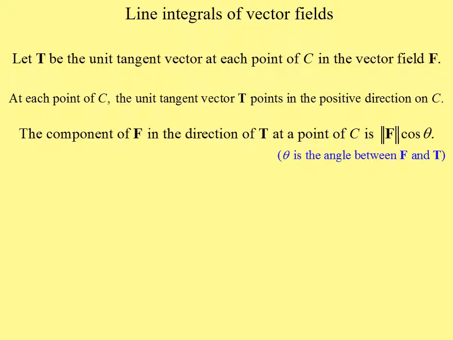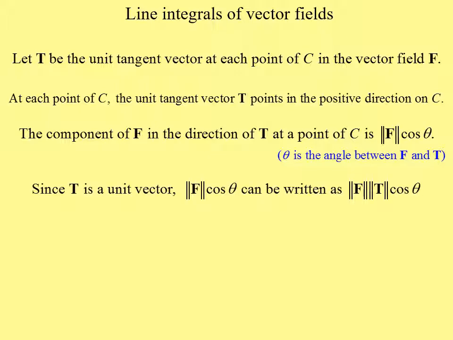So we know that the component of F in the direction of the unit tangent vector is given by the magnitude of F times the cosine of the angle between them. Since the unit tangent vector has a magnitude of 1, we can multiply by the magnitude of T, and get the magnitude of F times the magnitude of T times the cosine of theta.